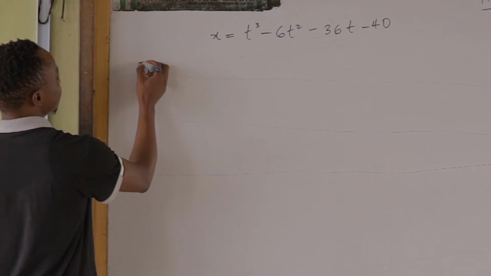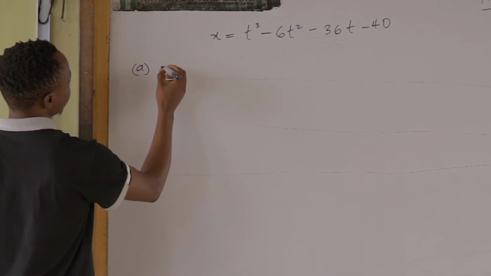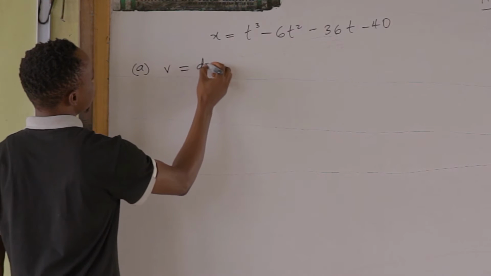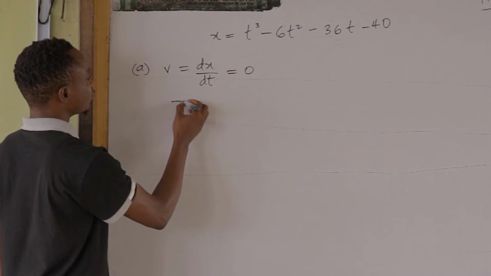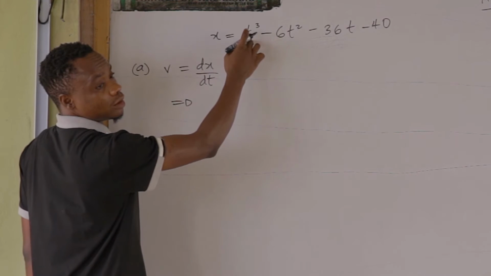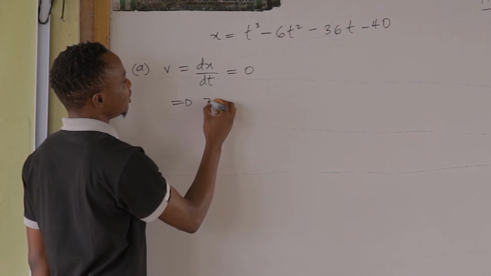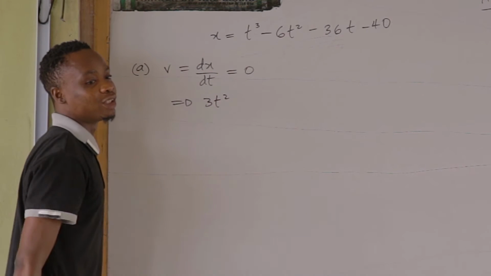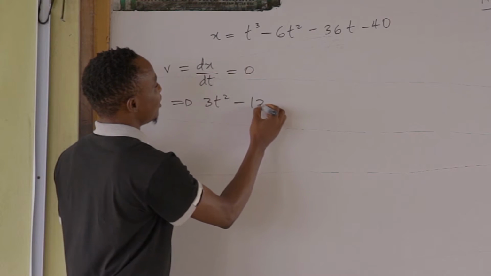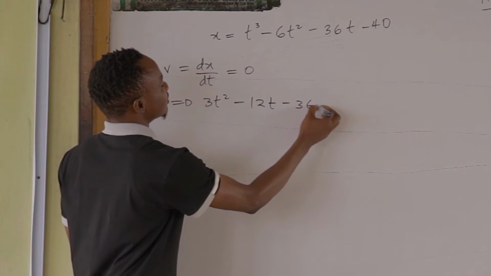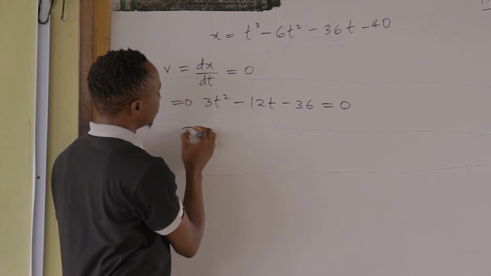So when the velocity is 0, v equals 0. That means we have 3t squared minus 12t minus 36 equals 0.